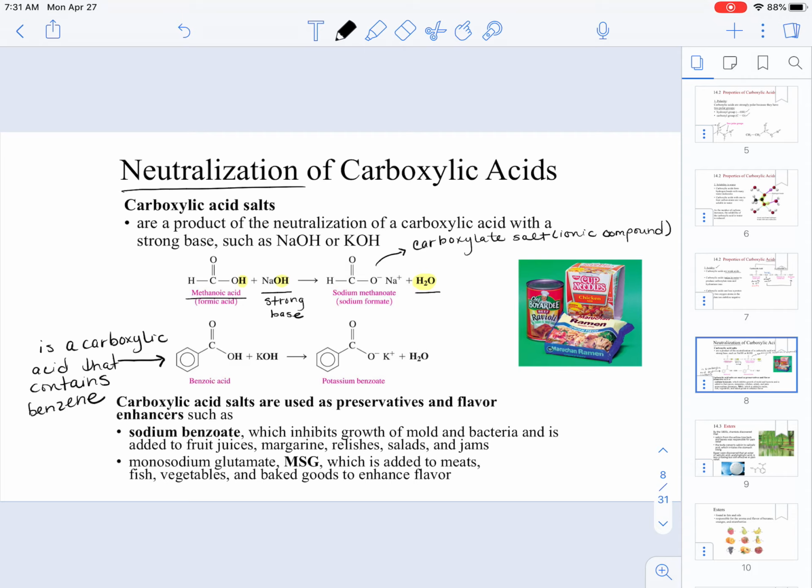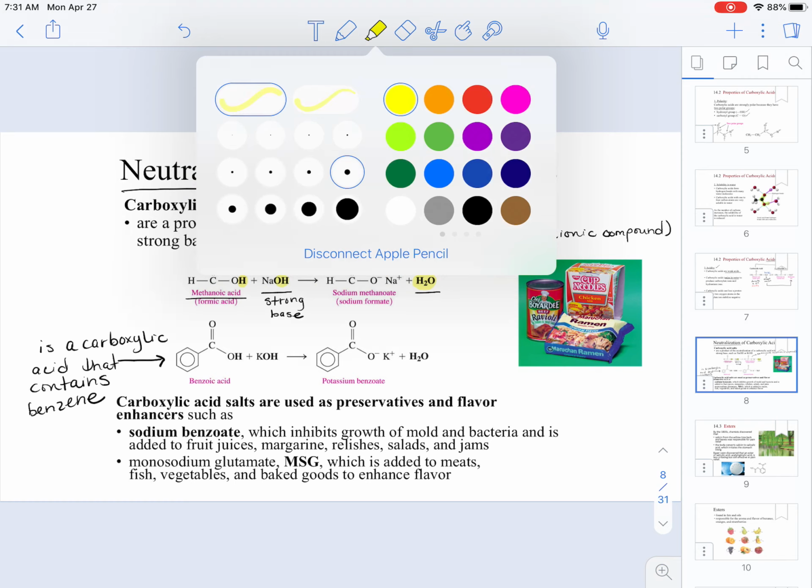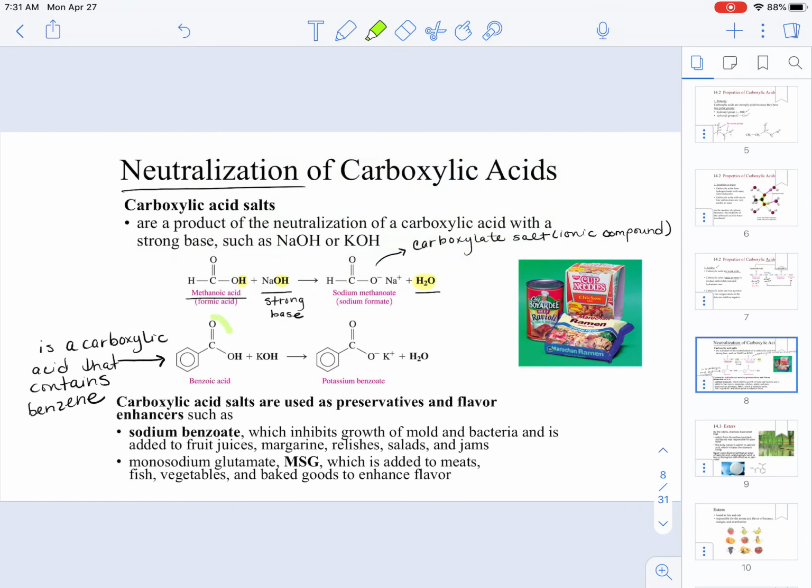And you guys should be able to identify it and name it. So this is an important structure that you should know. I'm just going to circle it. Now, if we have a carboxylic acid react with KOH, understand that the only difference is that now your carboxylate salt is paired with potassium, because again, you're reacting with potassium hydroxide.